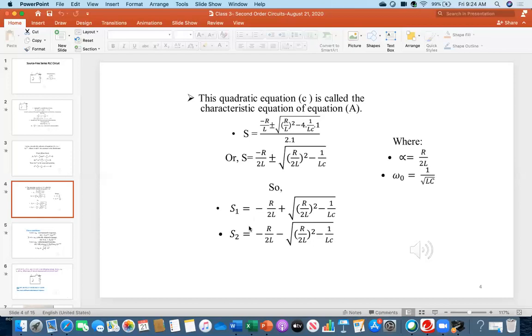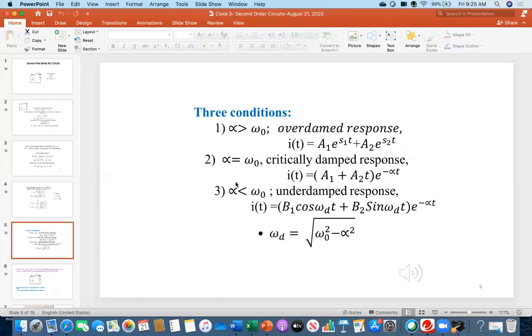Depending on the S1 and S2 values, there are three situations: overdamped, critically damped, and underdamped response. This means alpha greater than omega naught, alpha equal to omega naught, and alpha less than omega naught.